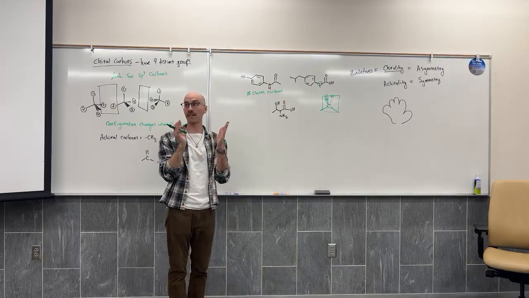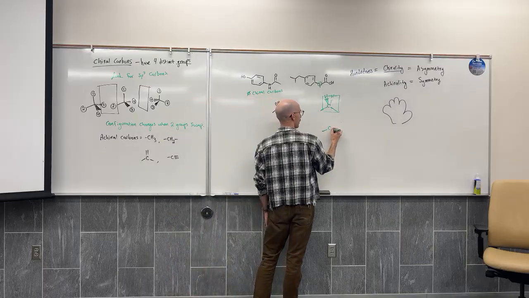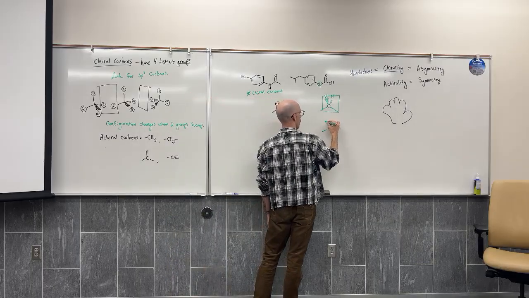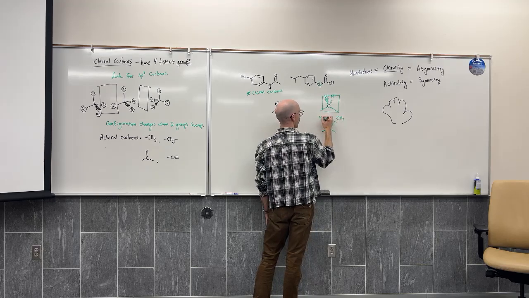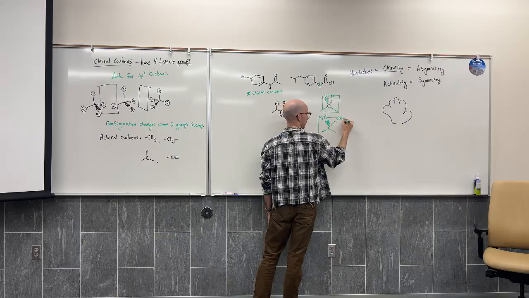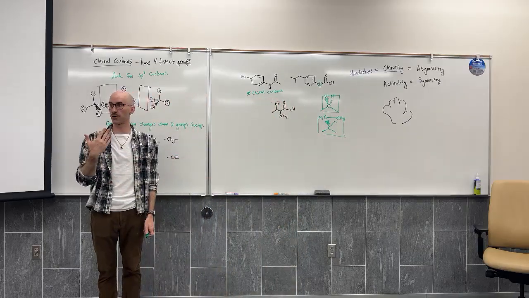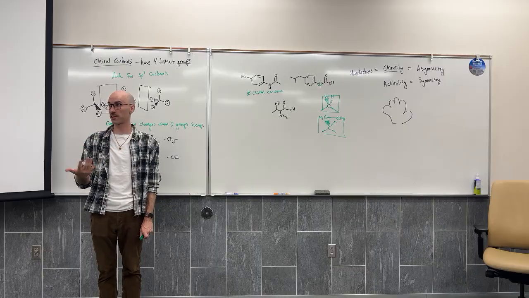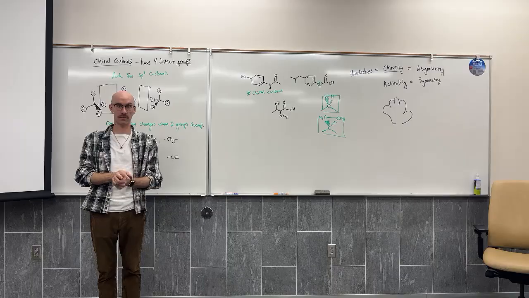So the CH2 is symmetric. CH2 is achiral. Now we can do that same thing with methyl groups. We can do the same thing with benzene rings. We can do the same thing with anything. If at least 2 identical groups are attached, no matter how large, it's symmetric.